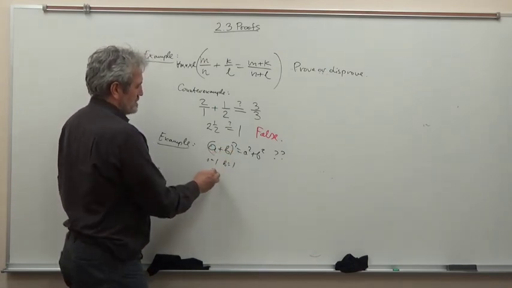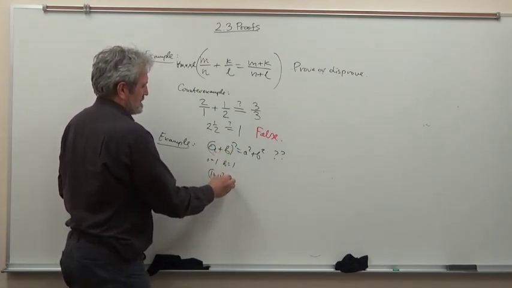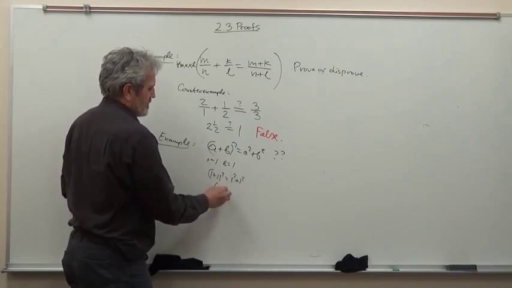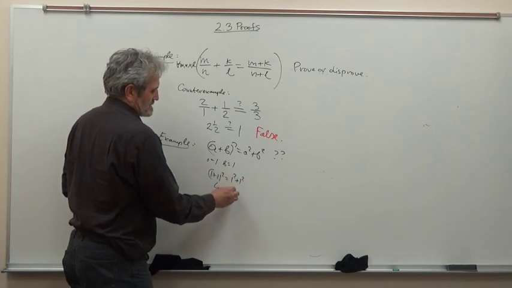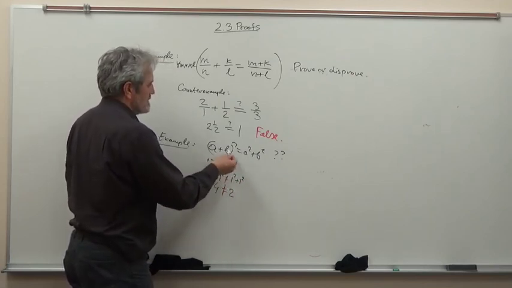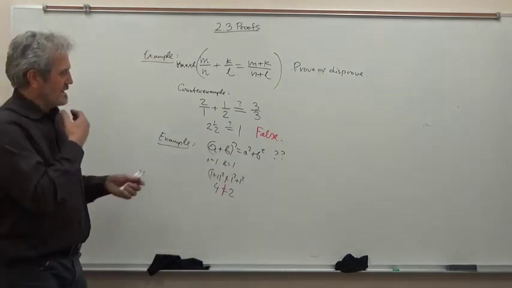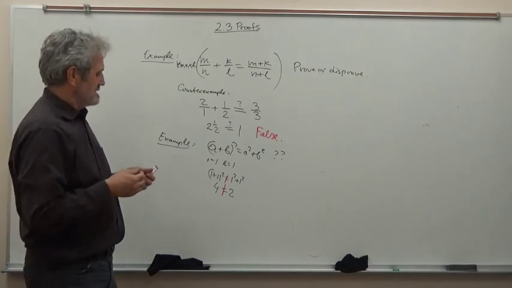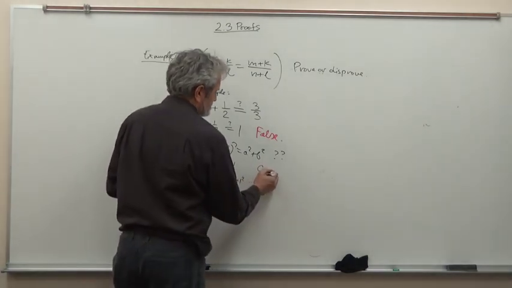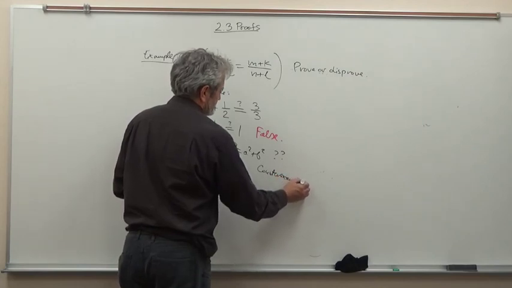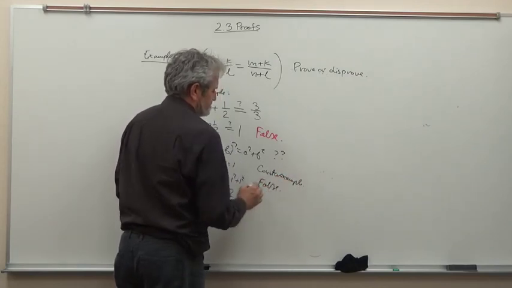When you plug it in, you get 1 plus 1 squared equals 1 squared plus 1 squared. 1 and 1 is 2, squared is 4, equals 1 and 1 is 2. Obviously, this is not true. And you provide a counterexample that this is not a valid law of algebra. It's false. That was it.